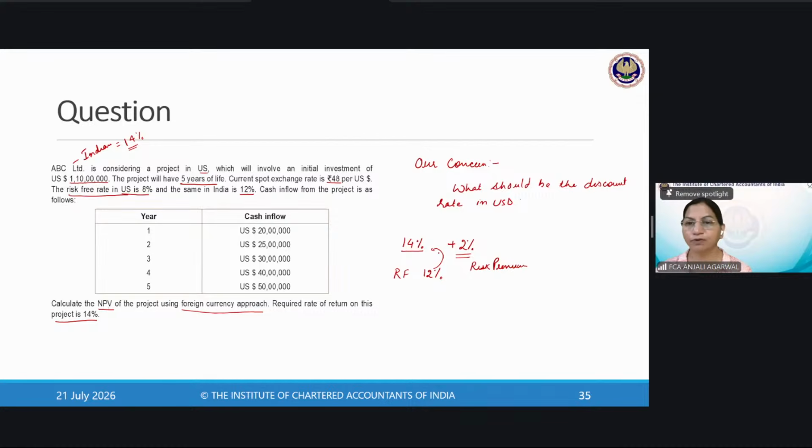But to reach 14% using 14 minus 12, or 2%, adding 2% risk premium to the risk-free rate, it's a naive approach. How we approach this is, how do we reach 1.14, the discount rate? It's a combination of 1 plus risk-free rate, multiplied by 1 plus risk premium.